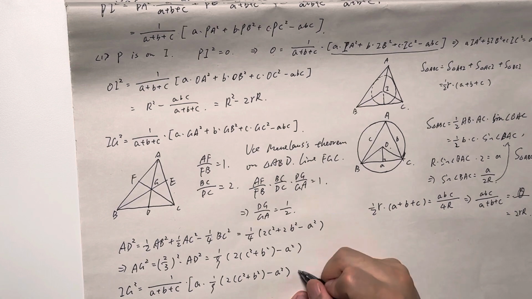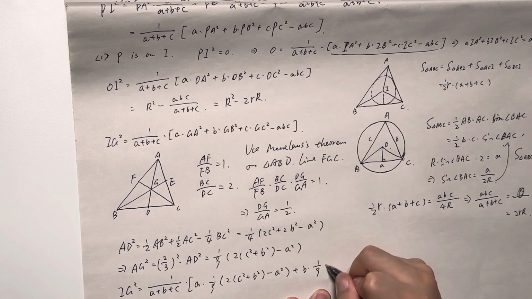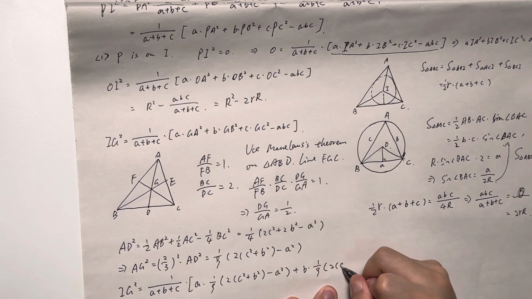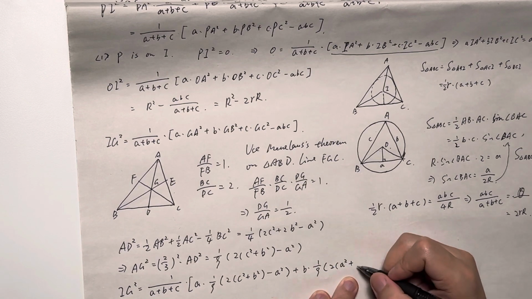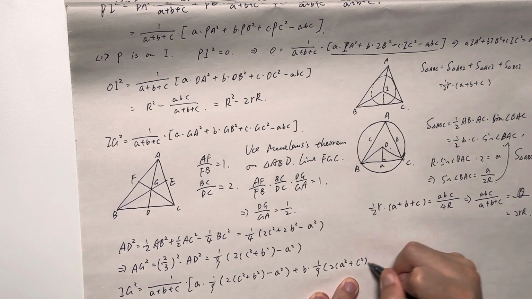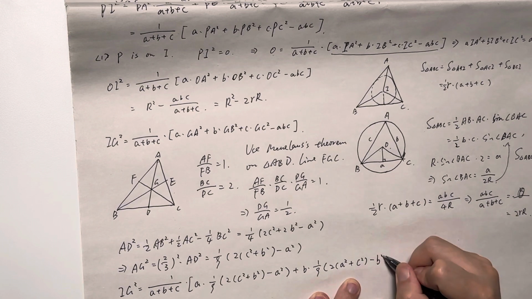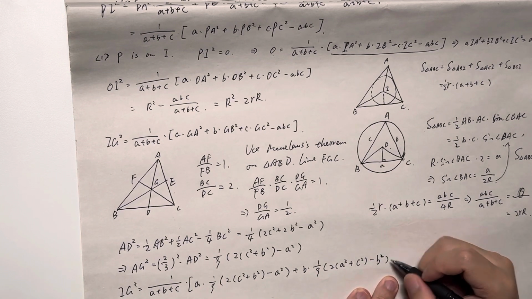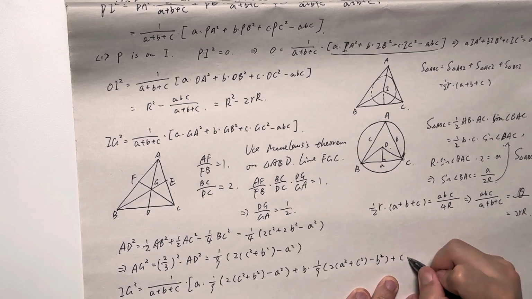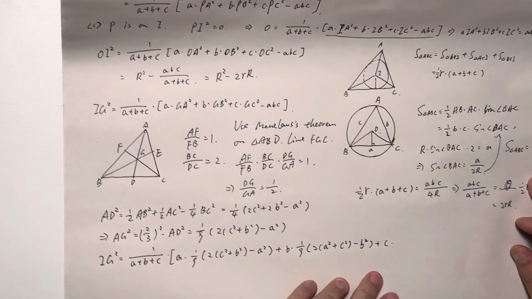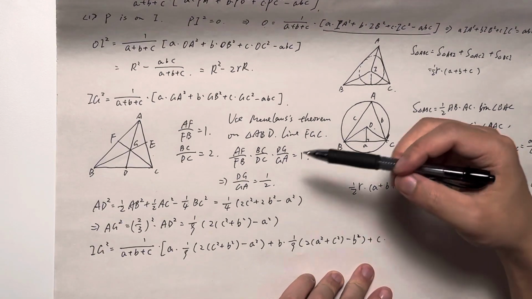And for GB squared, we can directly write it, right? That's definitely 2a squared plus, because it's GB squared, so plus 2c squared minus b squared, right? And plus c times GC squared.